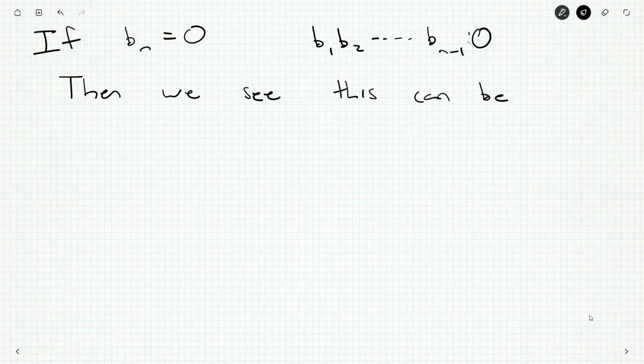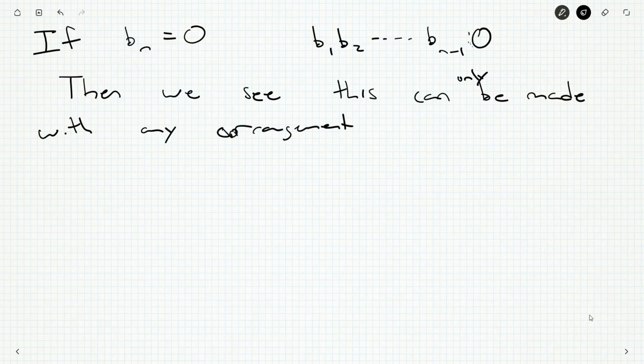This can only be made with any arrangement of, this time I'll have k 1, 0 blocks. Because I don't drop one of the presents, because I don't have it positioned on the nth spot.